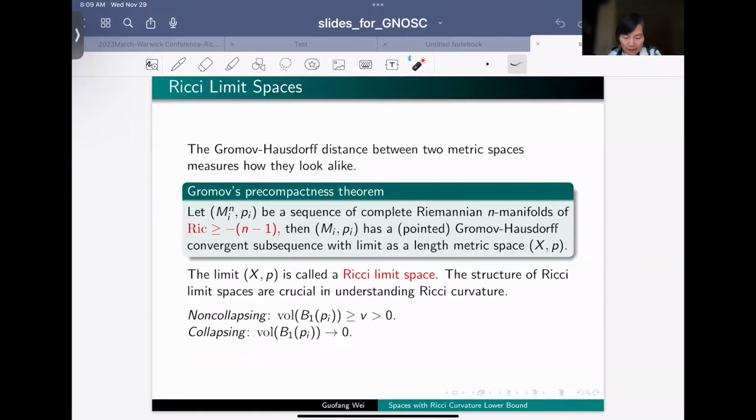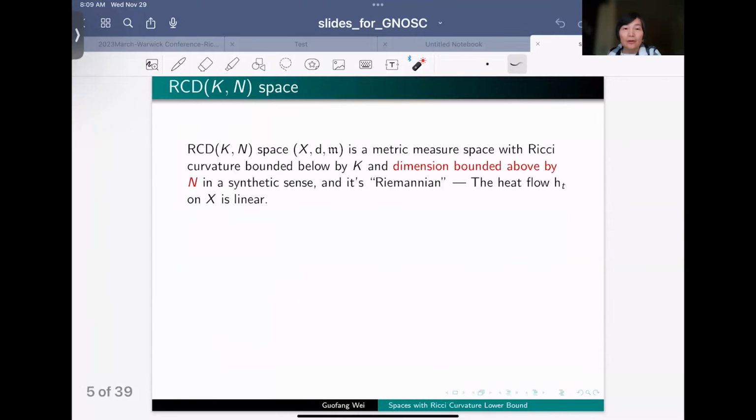I'll make one connection, because nowadays these are all referred to as so-called RCD spaces. I will not define RCD space, just to say that those are spaces in which, in a synthetic sense, the Ricci curvature is bounded from below, and the dimension is only bounded above by n. And R refers to the Riemannian case.